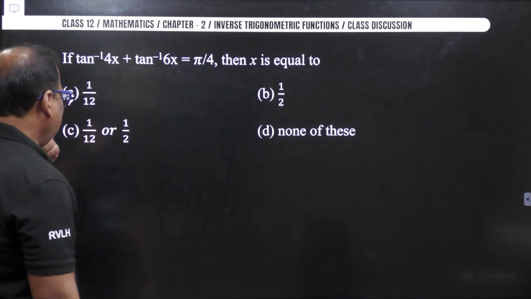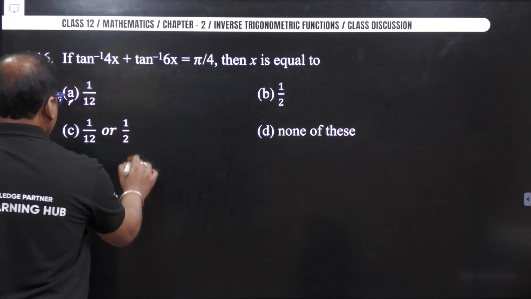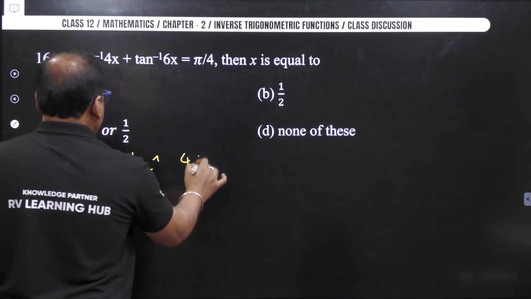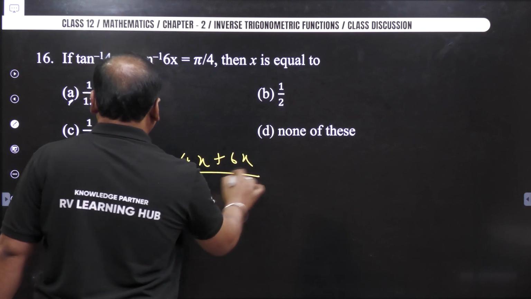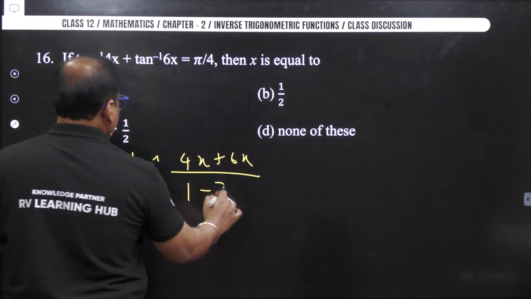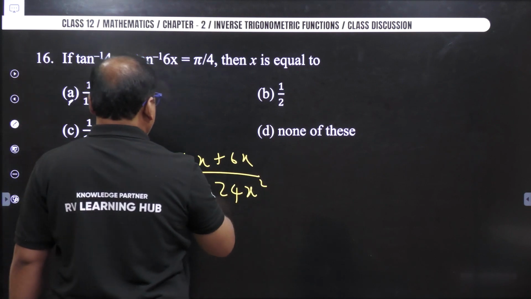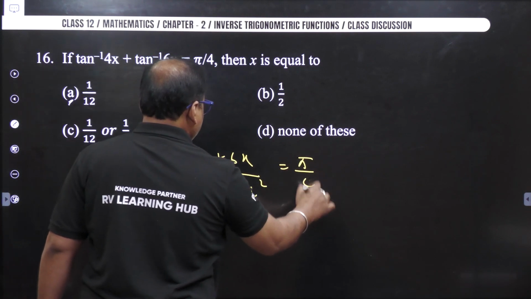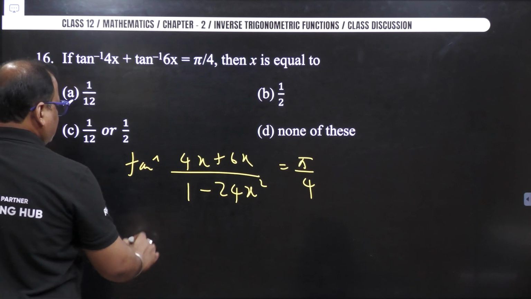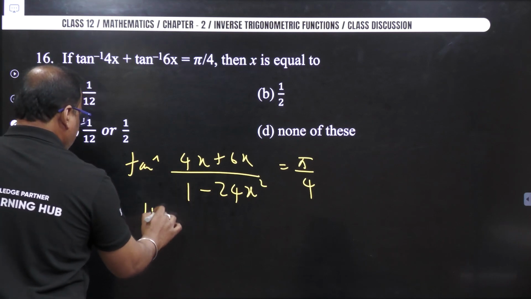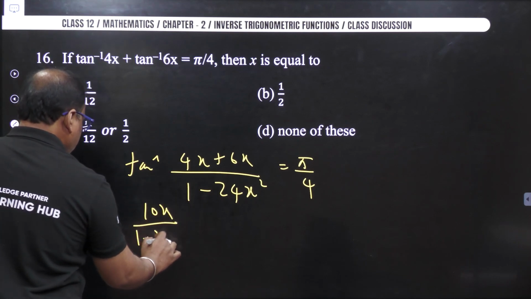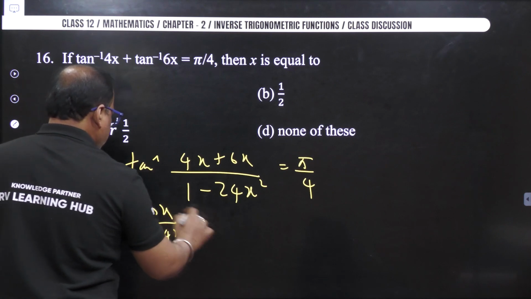This is a regular problem. So apply tan inverse of x plus y divided by 1 minus xy. So 24x square is equal to pi by 4. So this will be 10x divided by 1 minus 24x square is equal to tan pi by 4.